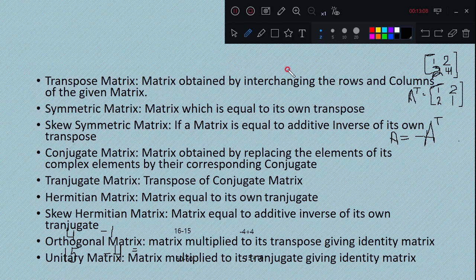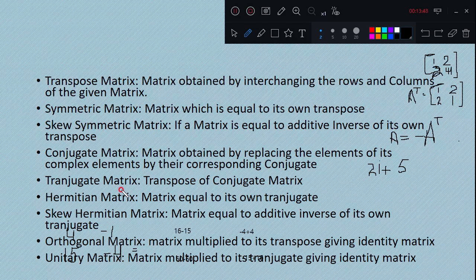Fine. Conjugate matrix. A matrix obtained by replacing its complex elements by their corresponding conjugates. What conjugate actually means: if, for example, I have 2i minus 5, the conjugate of this element will be 2i plus 5, and the matrix obtained by replacing its complex elements by their corresponding conjugates is a conjugate matrix.